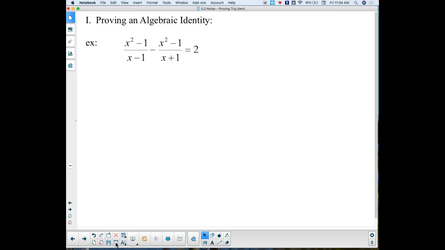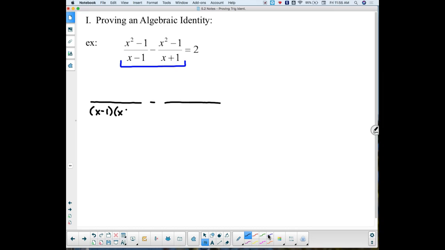All right? So, let's work this out. How would you go about it? I would look over here first. I would start on that side because I can do more with that side than I can do with just 2. What would you do on the left side there? Get a common denominator. Love it. So my common denominator would be x minus 1, x plus 1.